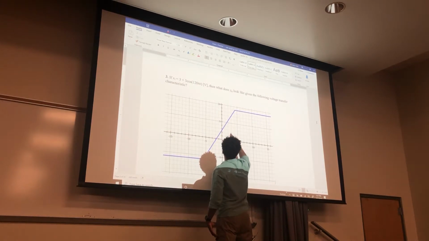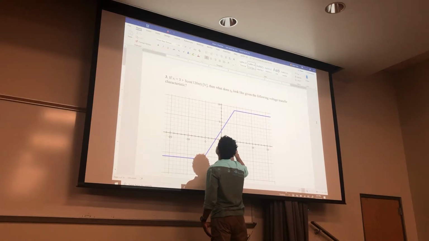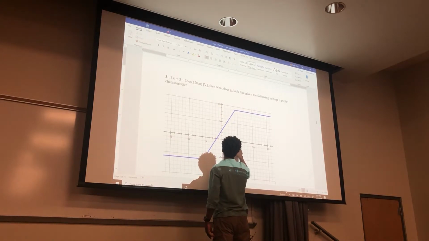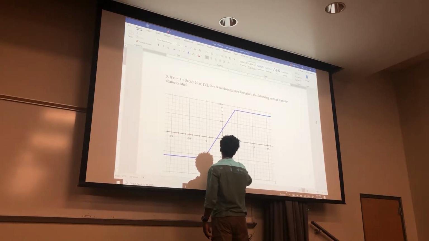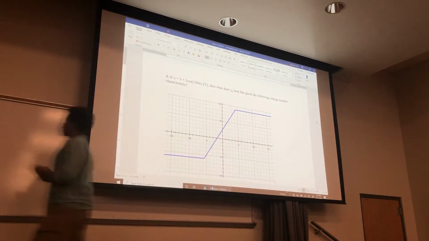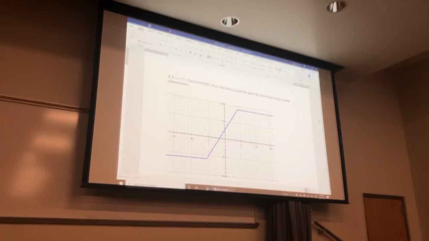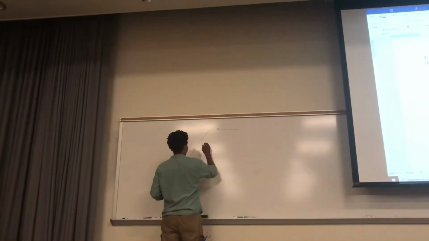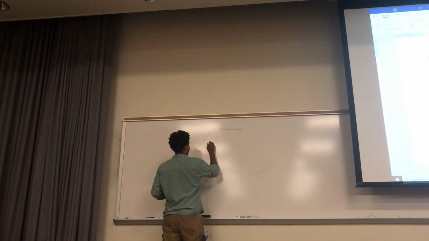So it's right here, and it has an amplitude of plus or minus 3. So it's going to go up 3 and down 3. So it's going to take that kind of form right there. So let's say it's something like this right here. So let's say that's 3.